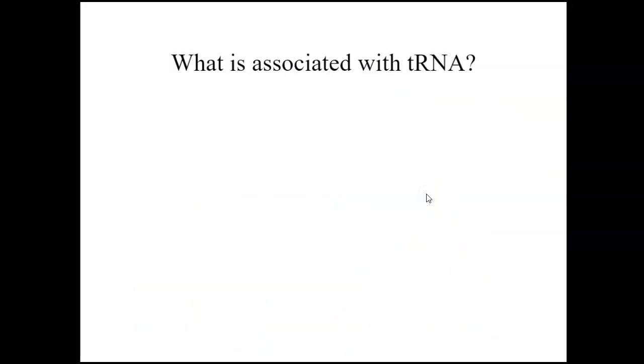All right, so again, what is associated with tRNA? Most of you already were able to answer that, or it seemed like it in class. And that is each one transfers what to the ribosome? An amino acid.